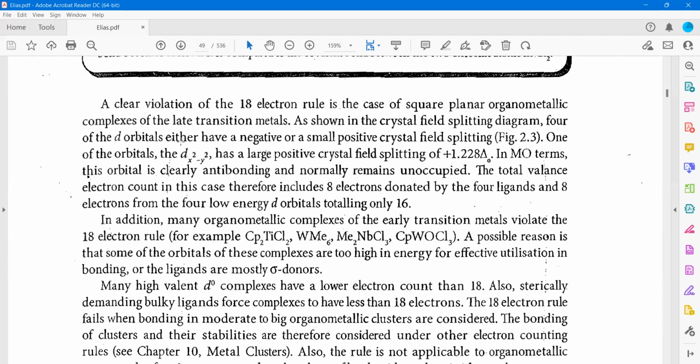Now, one of the orbitals, the dx2-y2, has a very large positive crystal field splitting, so you won't consider it to be donating to the ligand. So there are four orbitals, so 8 electrons. Now, how many d orbitals are participating in the back donation of the metal? It is 4, so 4 into 2, again 8. So 8 plus 8 makes only 16.